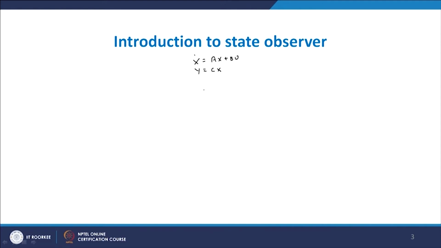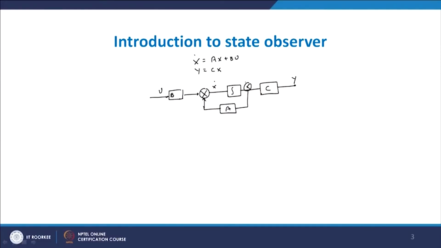Here is an integrator, here is our C matrix and here is output y, here is x dot, here is B, and input u, and here is matrix A. So x dot equal to Ax plus Bu and y equal to Cx.